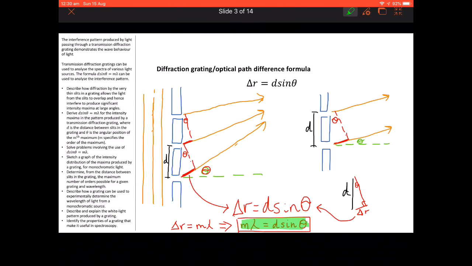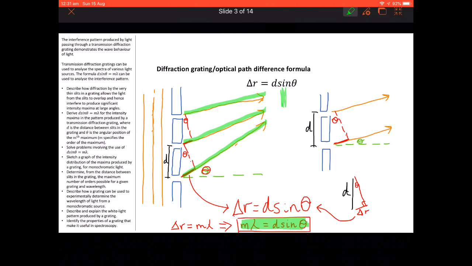Now, if we consider a certain point on the screen over here where all of these light waves are travelling towards, for this particular point on the screen, say it's a maximum, so it's a bright fringe, we assume, even though it couldn't possibly be true, that each of these paths is parallel.